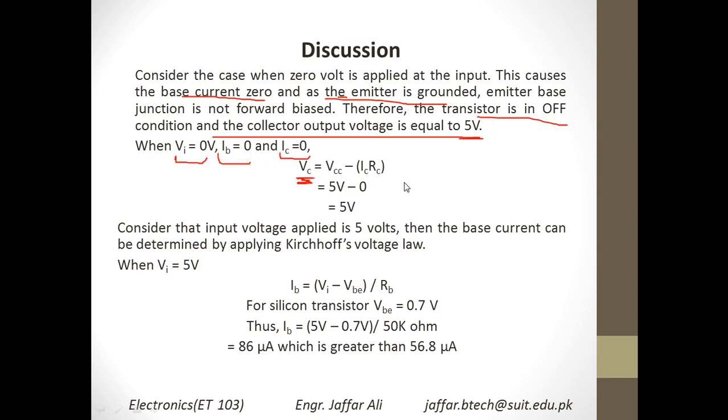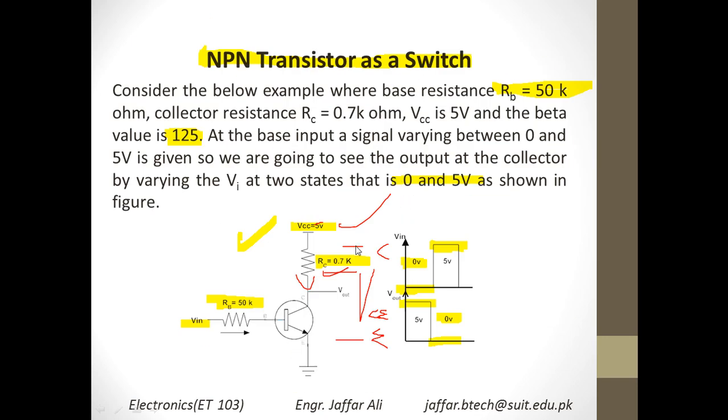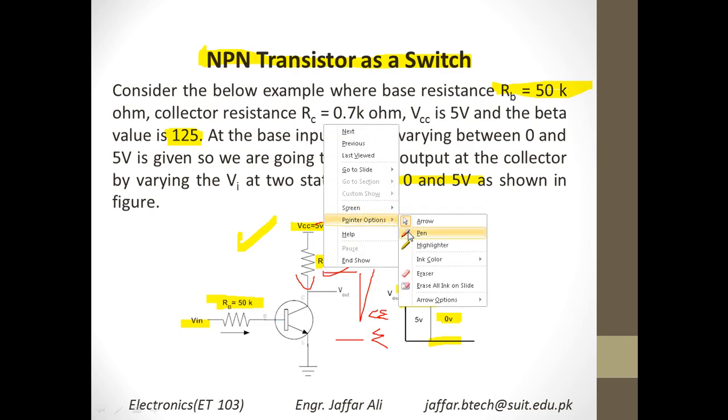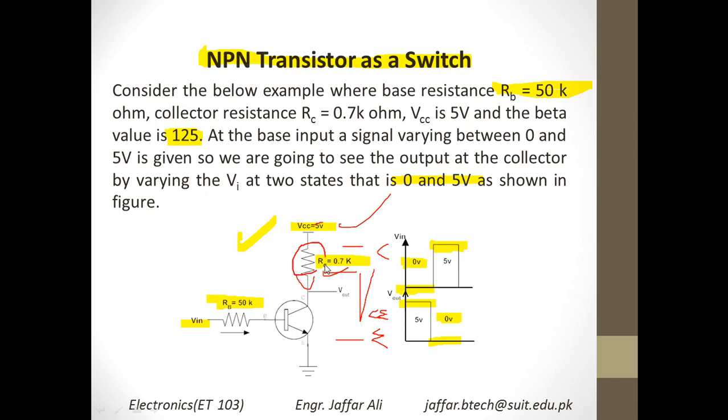So you see that when you apply the voltage, to find the value of this VC, you have to apply KVL, and you know that this VC, basically the voltage at the collector, will be equal to the total voltage minus the voltage dropped across this RC resistor. So this voltage will be equal to this voltage minus this voltage.